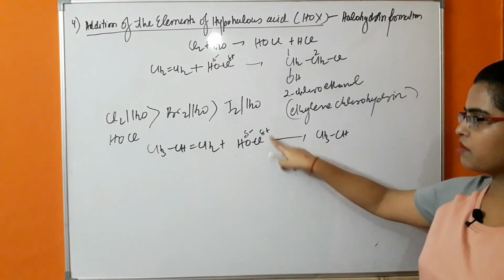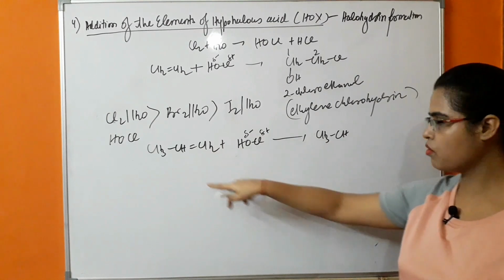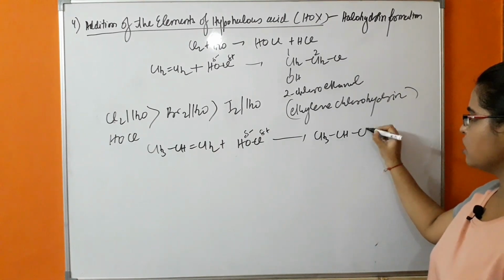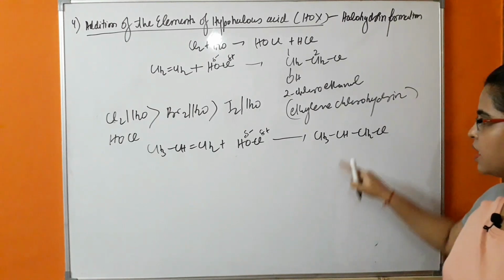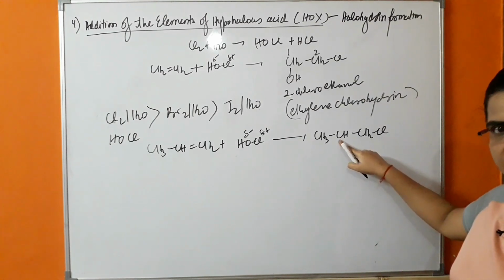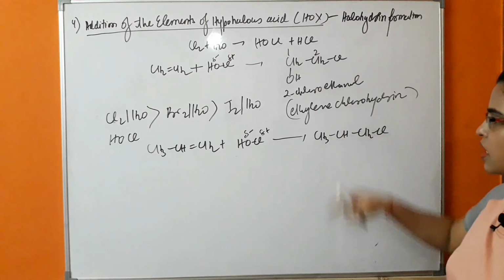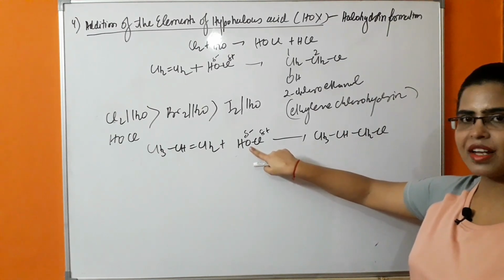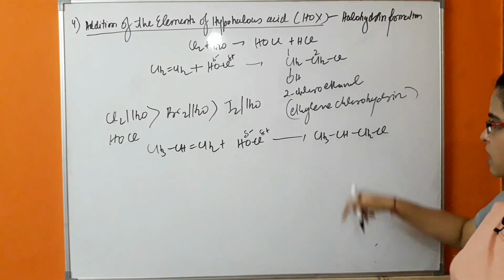So what will happen? First of all, there will be attack of the electrophile. So there will be formation of CH3, CH, CH2, Cl, and the carbocation will be on the second carbon. So the second carbon has a positive charge, due to which this nucleophile, that is OH minus, will attack the second carbon.